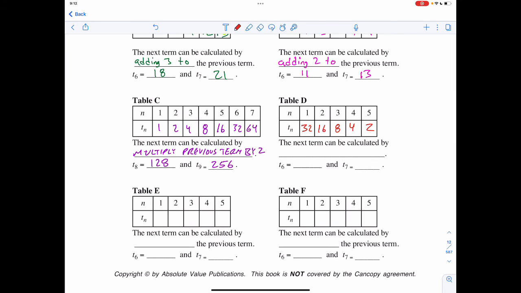In this case, we're multiplying the previous term by 1/2. And we'll get into why we refer to it that way in a later lesson. So if I keep going, term 6 would be 1, term 7 would be 1/2, and then we'd obviously go to 1/4, 1/8, 1/16, so on and so forth.